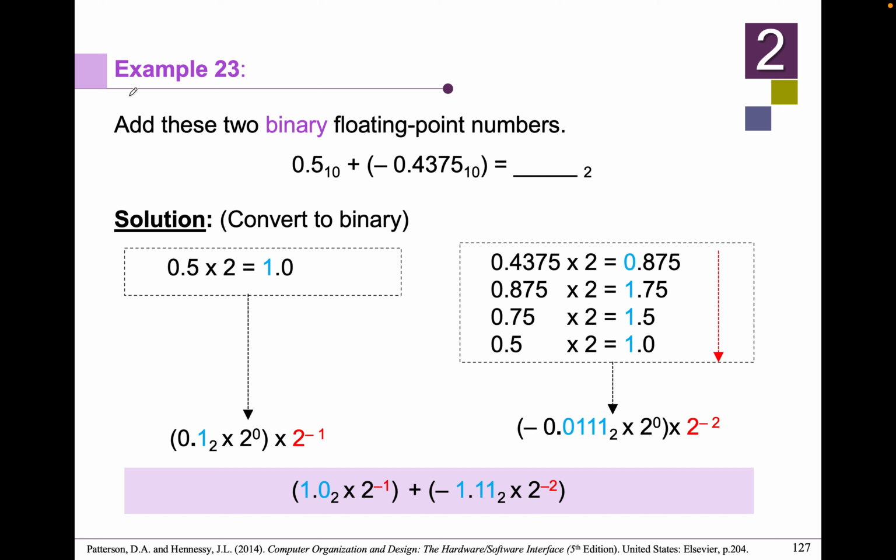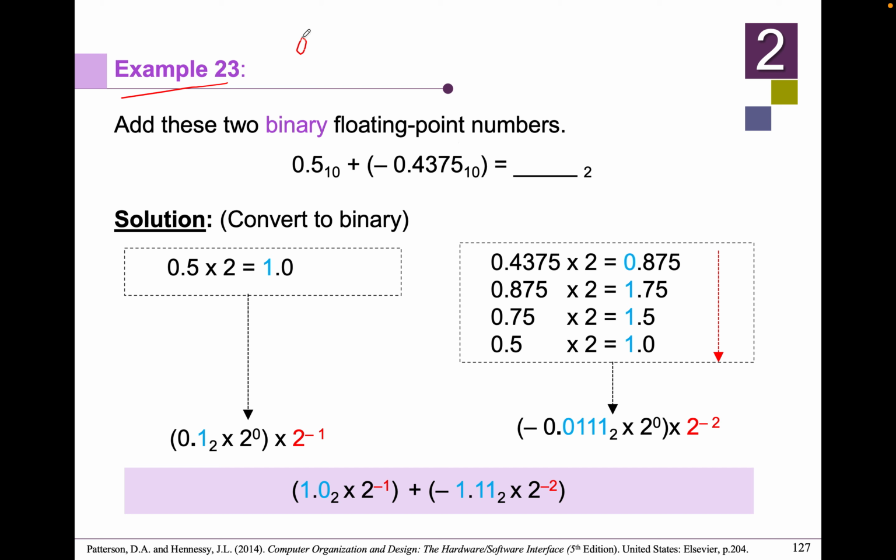You can see example number 23. Our numbers will be 0.5 plus minus 0.4375.